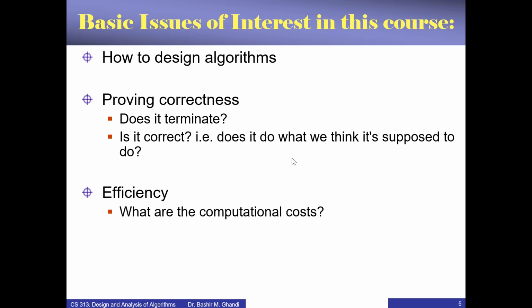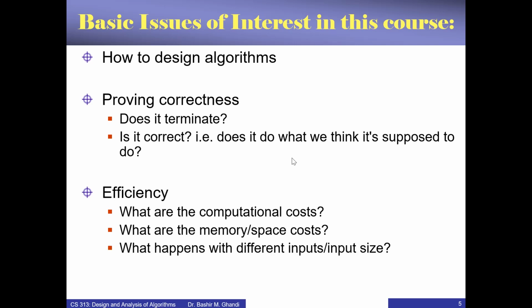And this can be in terms of the computational cost, that is how much time does it take to actually execute this algorithm, and how much memory does it cost, and how do these efficiencies of both space and time vary as we increase the input size? So these are the real issues that we are concerned with in this course.